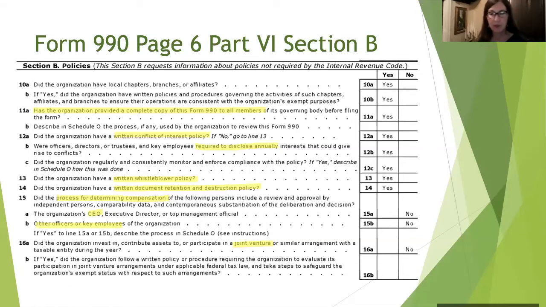This is really key, and you need to be very mindful of this, because one of the underlying legal things for not-for-profits is you can't have any private inurement, and that means none of the profits or the assets of your organization can benefit any individual or taxable entity.